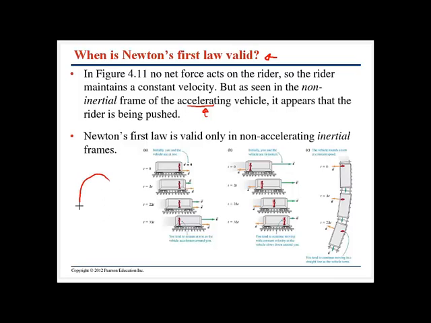I want you to consider, suppose you're on one of those merry-go-rounds, and it's spinning around, and here you are, you're on the merry-go-round, and you're looking at a nearby tree, or I'm going to draw a nearby block.